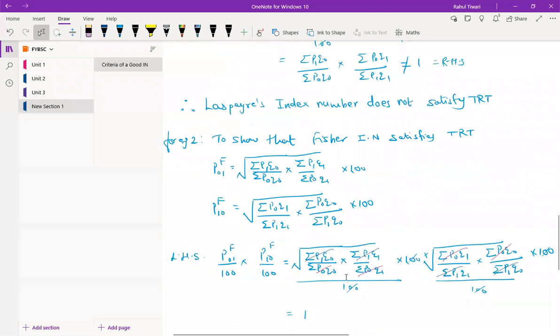Similarly, you can try for Edgeworth Marshall index number. You can try for Paasche price index number. So you can take it as homework. You just take the homework for the third part. You can verify that Edgeworth, Marshall, and Drobisch satisfy.